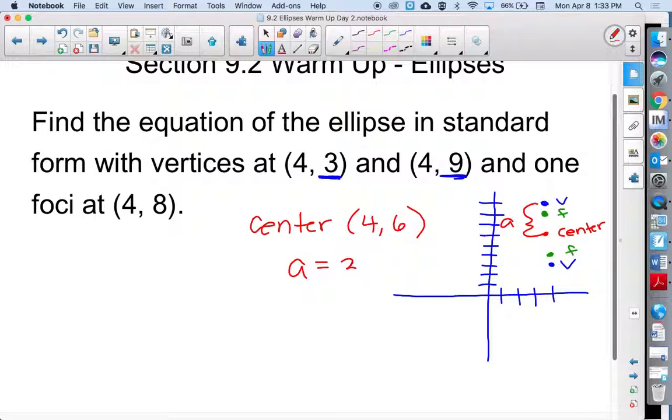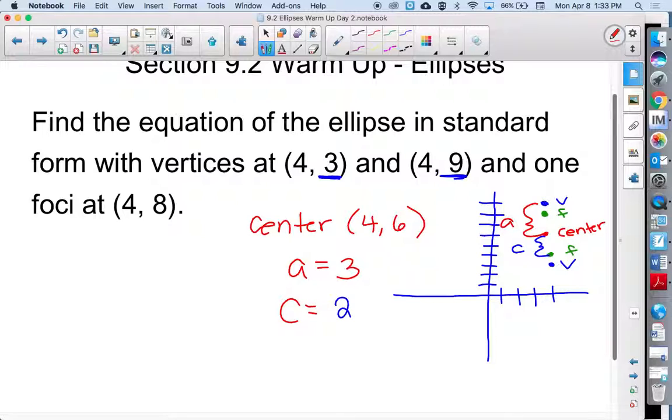So that would be 3. We know C is the distance from the center to one focus, and that's 2. So C is from the center to one focus. The A is the center to one vertex. Doubling it, then I get the whole vertical distance of the ellipse.